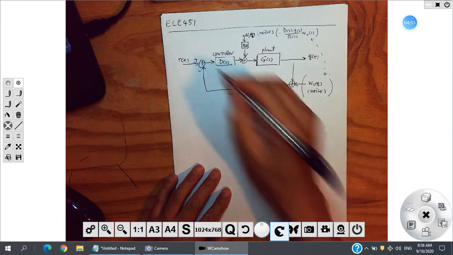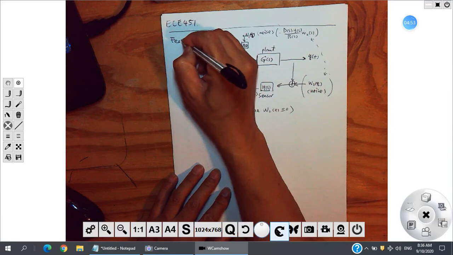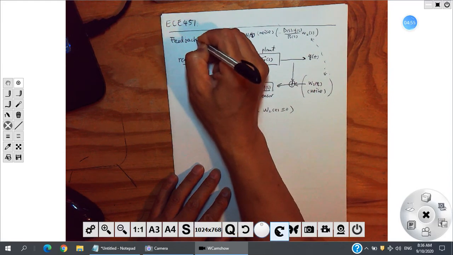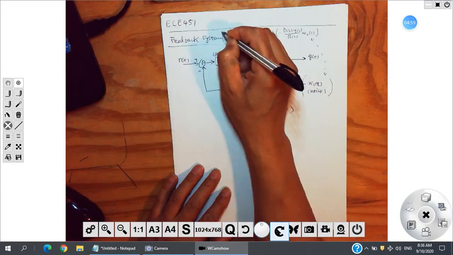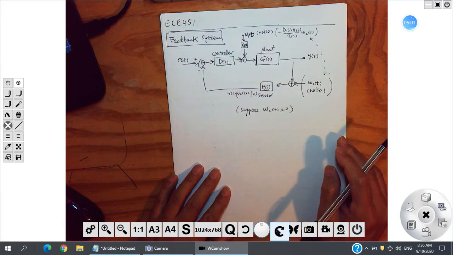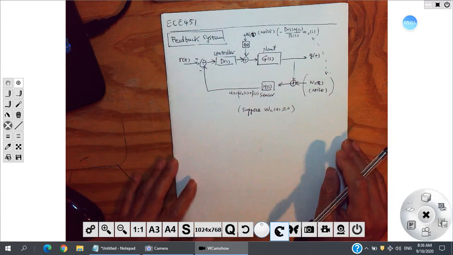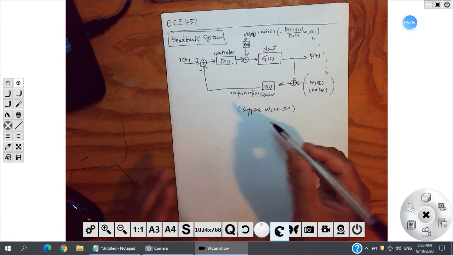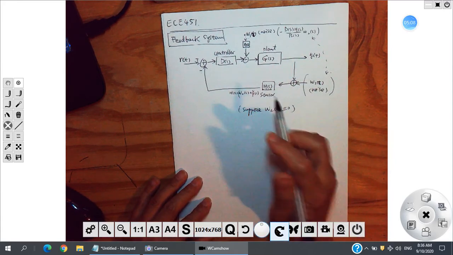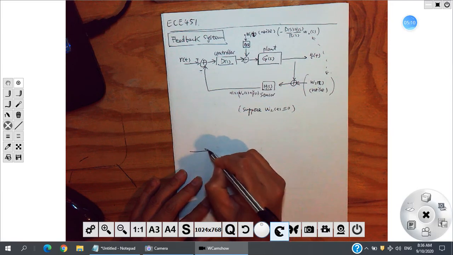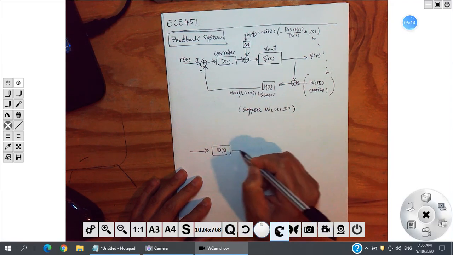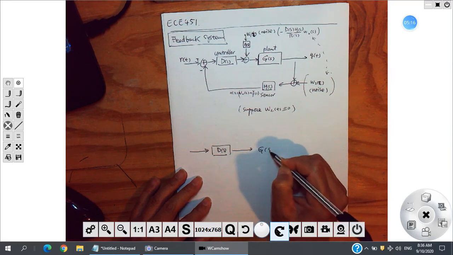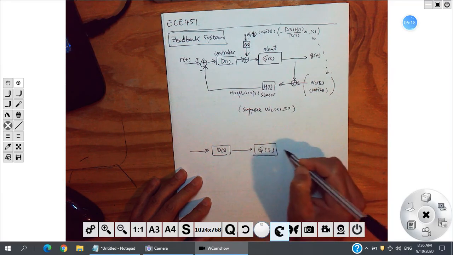So this is a feedback control system. Of course, you can also consider a control system without the feedback. Without the feedback, it looks like this. You have D of S as a controller, and G of S as a plant. That's it.